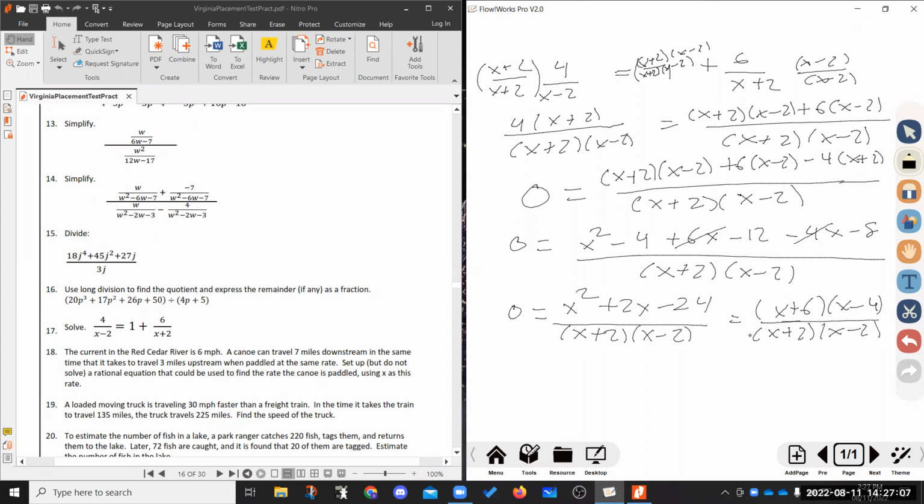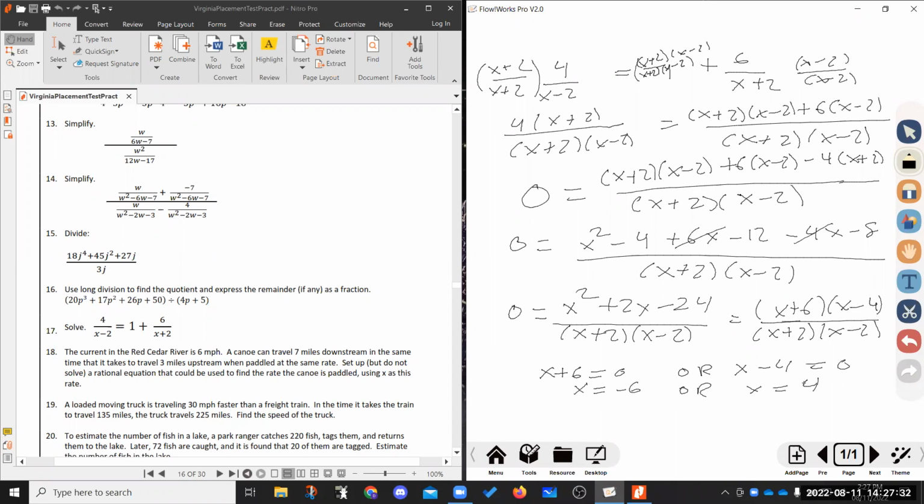I would have seen right away if anything canceled in the numerator or denominator that would have given me an extraneous solution this way. I also see right away that my answers can't be 2 and negative 2, and they're not going to be. It's going to be x plus 6 equals 0, or x minus 4 equals 0, x equals negative 6, or x equals 4.